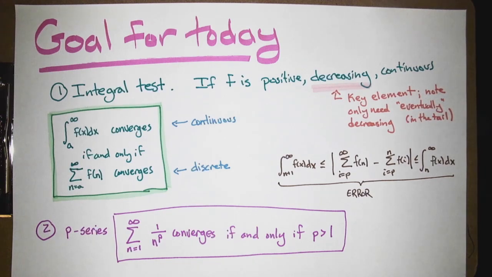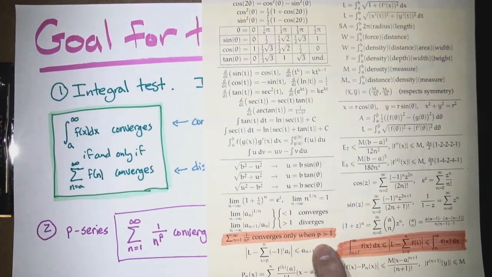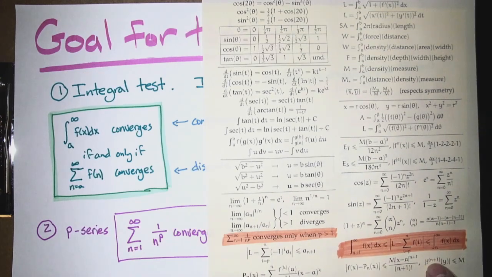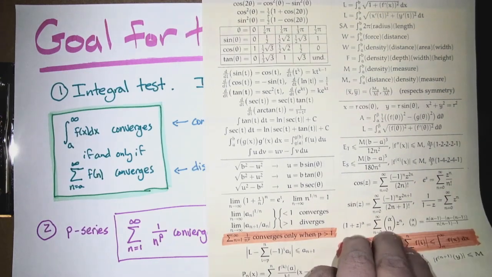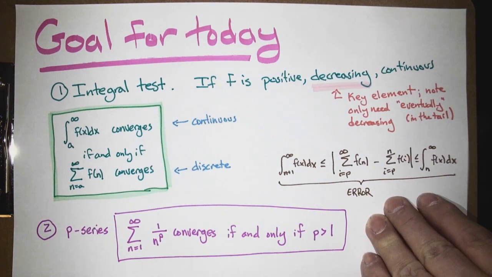So those are the ideas for today. In terms of the formula sheet, you have your p-series result in this piece right here, and this part right here is about your error bound for the integral test. All right, so that's where we're going. Let's begin.